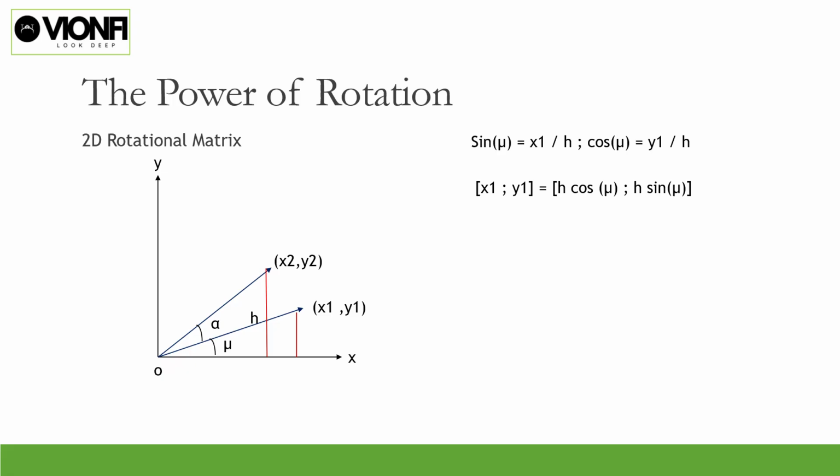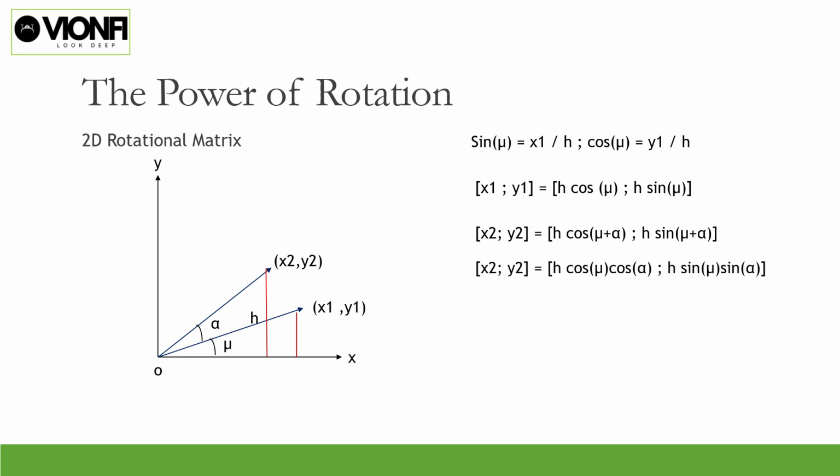So now you have the vector in 2D form for the angles mu and alpha: x2 y2 equal to h cos(mu plus alpha) and h sine(mu plus alpha). With the trigonometric identities, you will get h cos mu cos alpha, h sine mu and sine alpha.